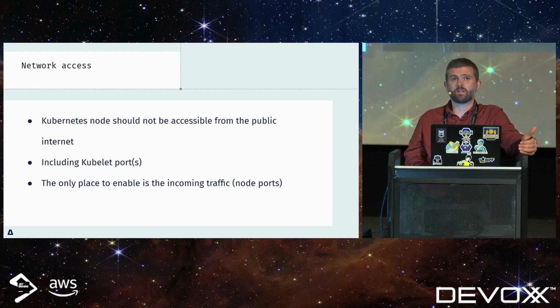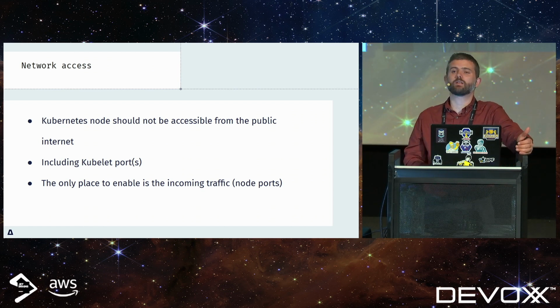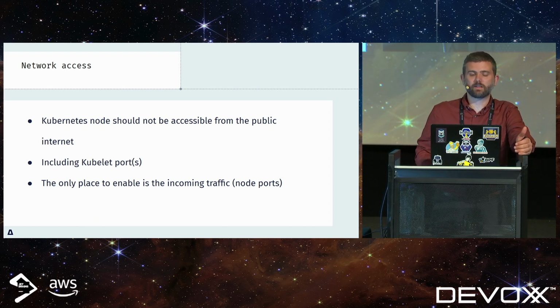There are no reasons for the Kubelet API to be published on the internet. Sometimes in development systems we are opening it so we can debug a specific node, but in general there is no reason.